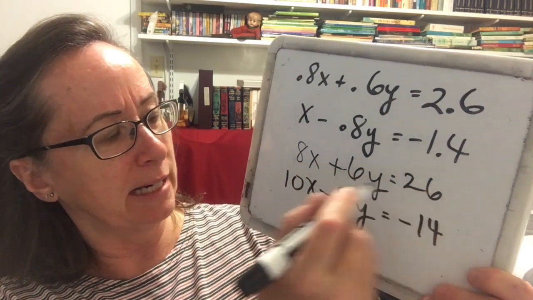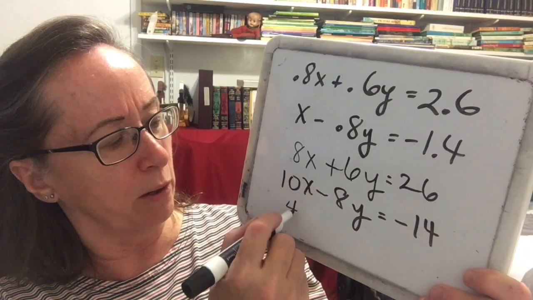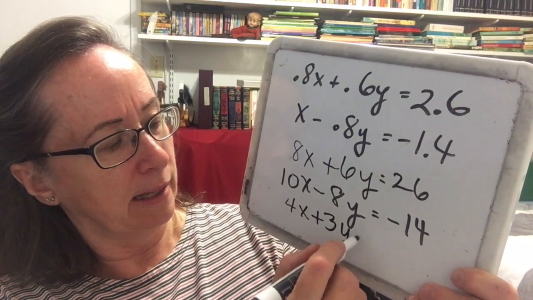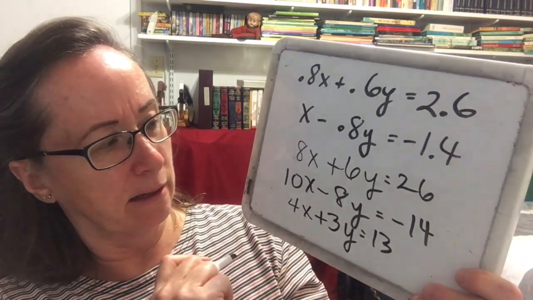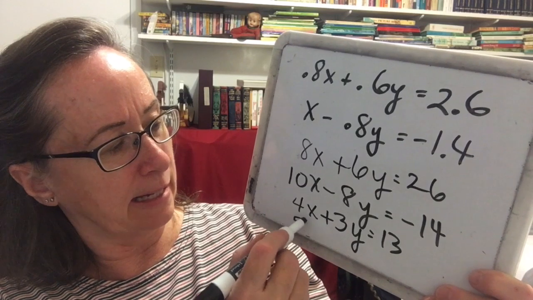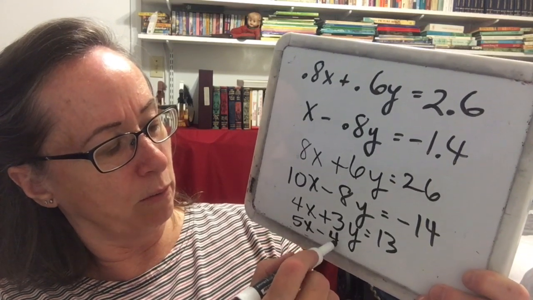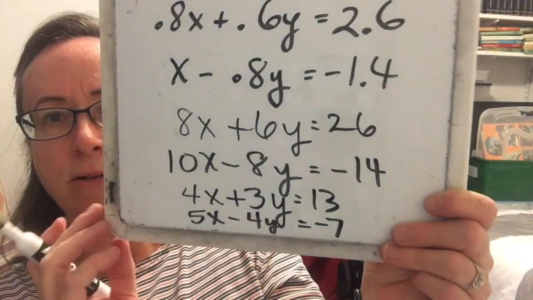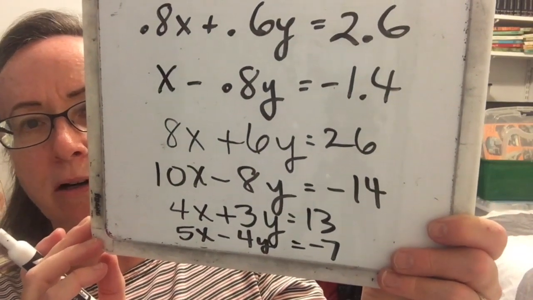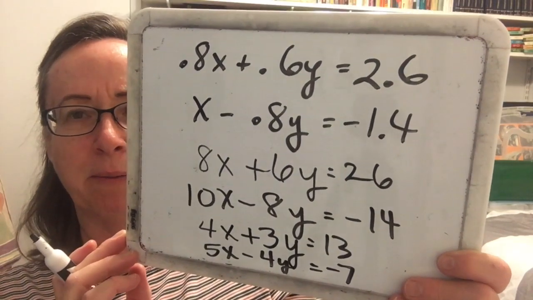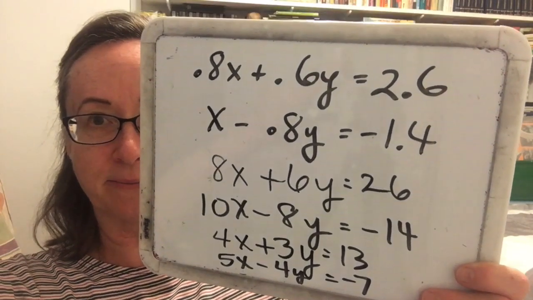So if we just divided everything by 2, wouldn't we get a 4x plus a 3y is a 13? Okay, and on the bottom we would get a 5x minus a 4y is a negative 7. Well, those are easier to look at because the numbers are a little bit smaller. So just doing a little bit can really make things a little easier.